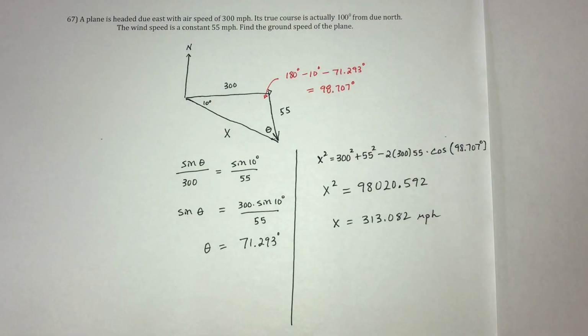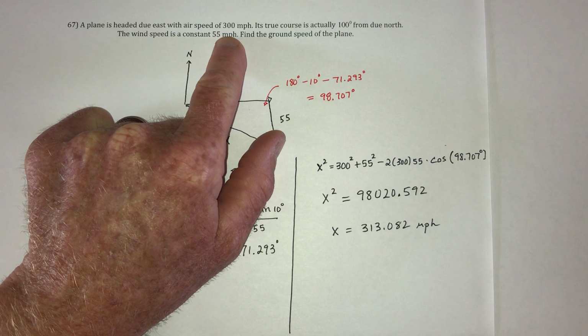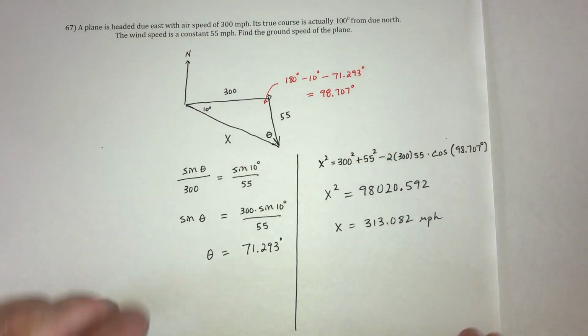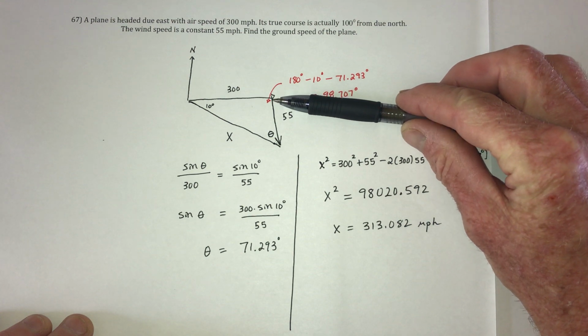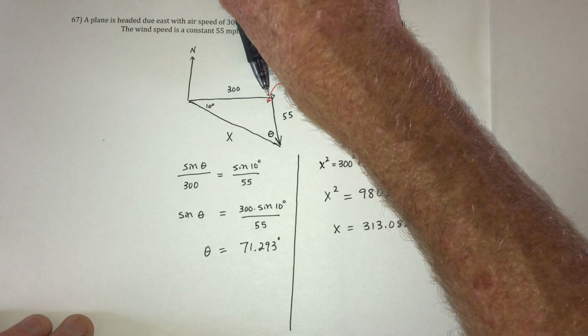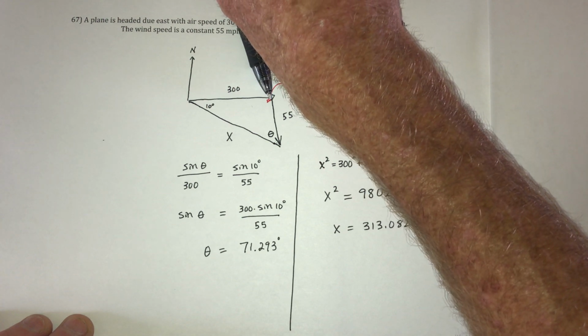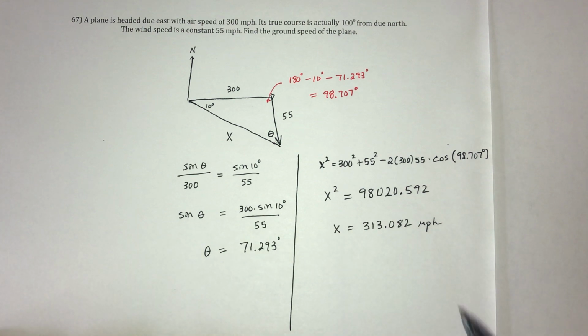And to me, that even makes sense, because their engine is making them go 300 miles an hour already. And then if the wind was going in their face, that would slow them down. But the wind is actually pushing this way, which is going to actually help them out a little bit by an extra 13.082 miles an hour.